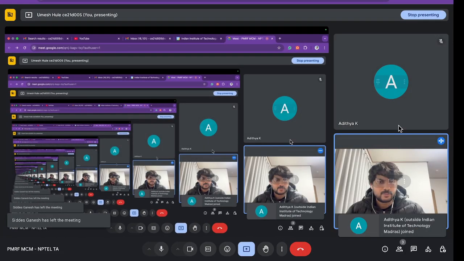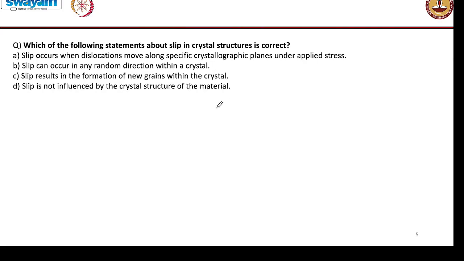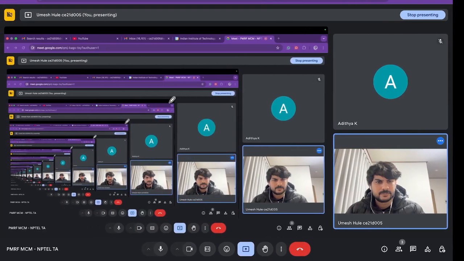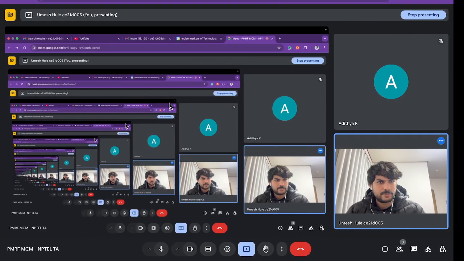Okay, remember this. In a crystal, slip occurs along the planes on which the atoms are most closely packed. Okay, people are joining a little late. That's no problem. Let's move forward. Can you guys see my screen? Just raise your hand, or just say yes, or text in the chat box.